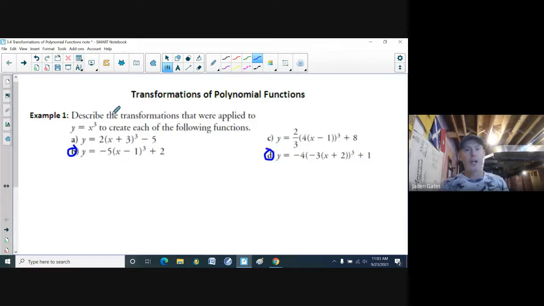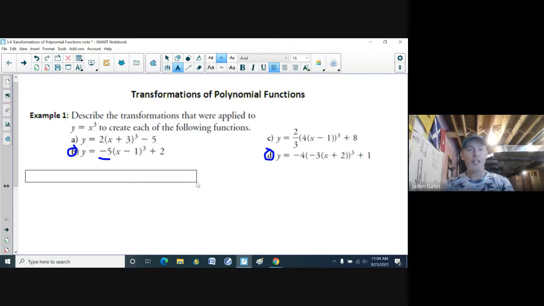It says, describe the transformations that are applied to y equals x cubed to create each of the following functions. That's where you have to be able to identify your a value, your k value, your d value, and your c value. Right away I have my a value, and it is negative.